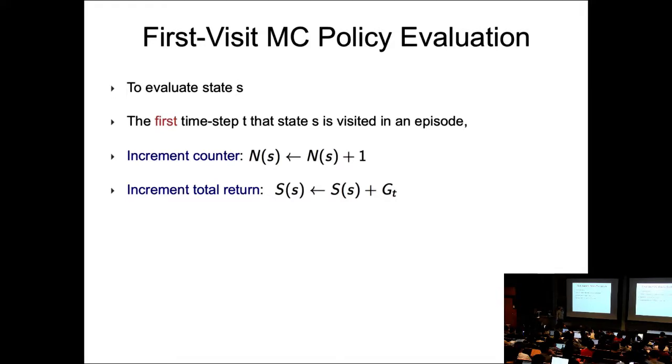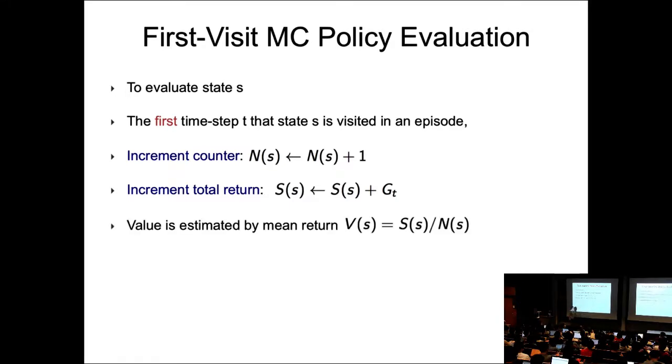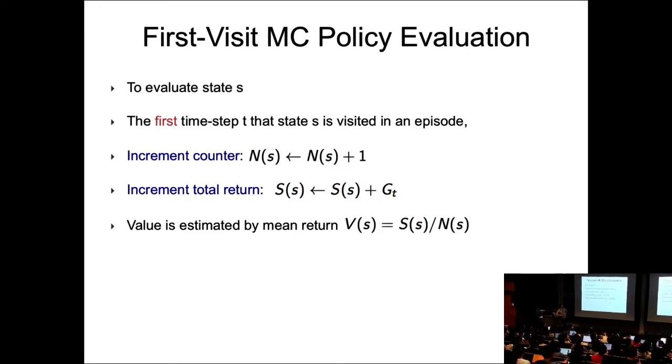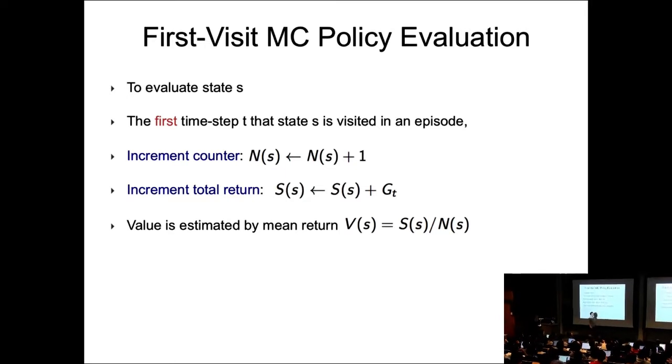Remember we're working in discrete spaces right now, so we have a finite number of states. You increment the total return: anytime you get some reward at a particular time step T, you add it to your overall reward. And then the value is estimated by the mean return, which is your total return divided by how many times you visited that state.